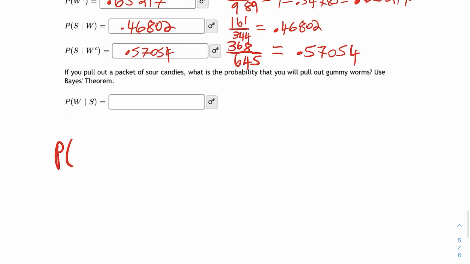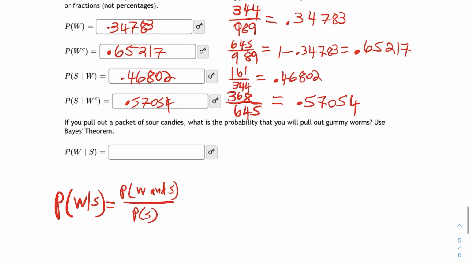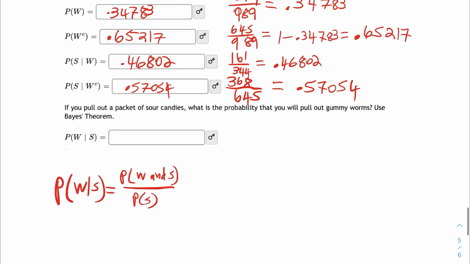The formula says that the probability of a worm given that it is sour is equal to the probability of worm and sour divided by the probability of sour. Actually, that's just the regular conditional probability formula. For Bayes' theorem, we look at the probability of W and S, and we define it using conditional probability.